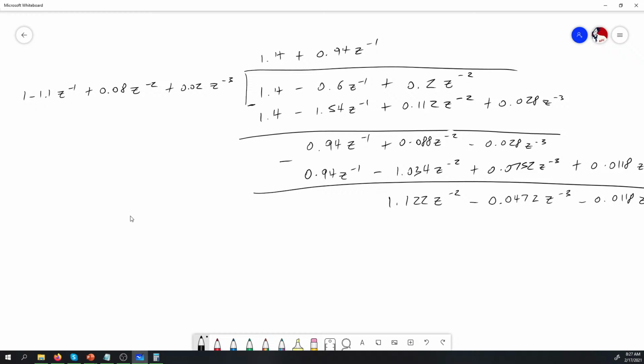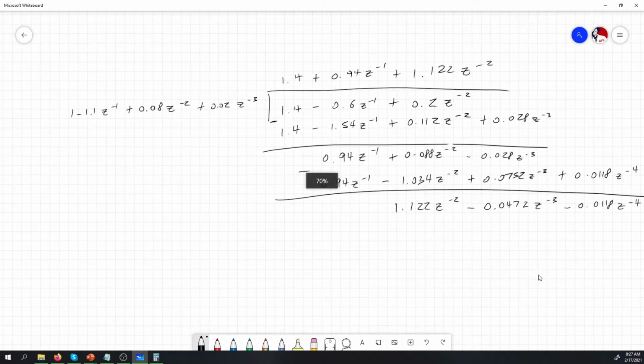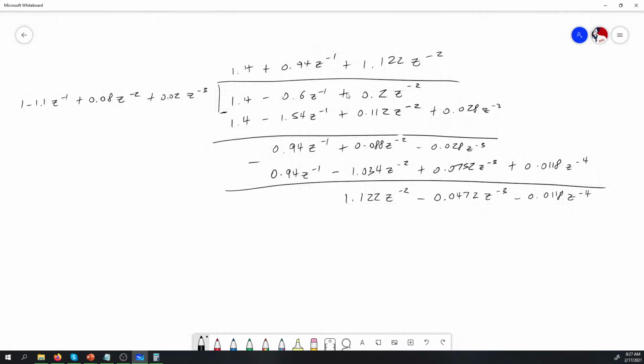So our result here is just 1.122 z to the negative 2. Because we know that for our open form solution we stop at this z to the negative 2 term, we don't need to do any more long division. We can stop our work here, because we have the required quotient as our result.